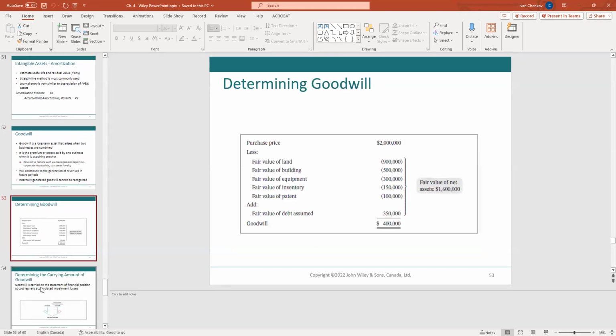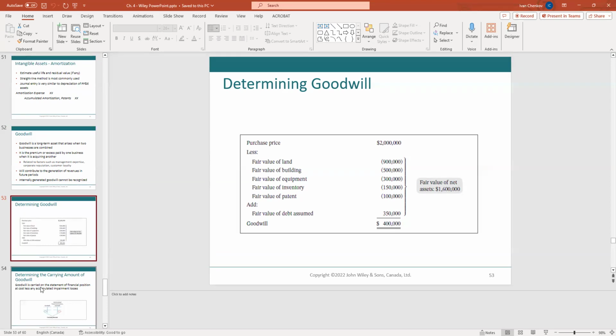Let's see, we're purchasing something for $2 million. We have the fair value of everything: of the land, of the building, equipment, inventory. Once you buy the business, you have to understand that you're not only buying the assets, you're also buying the liability as well.